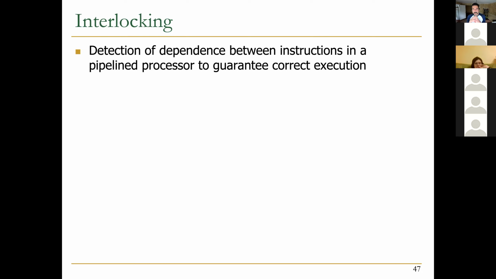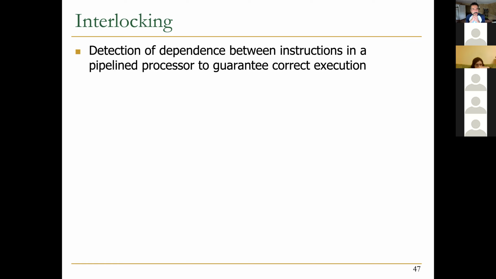Basically, one instruction may write to a register, and the follow-up instruction may need the value of that register, but that write has not happened yet.